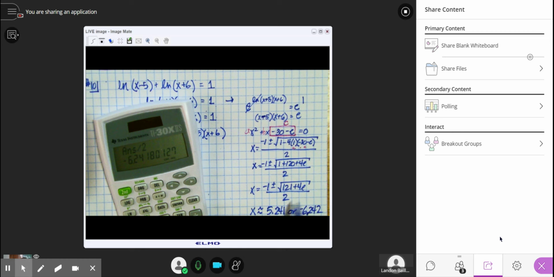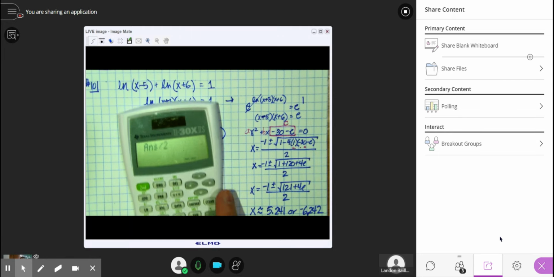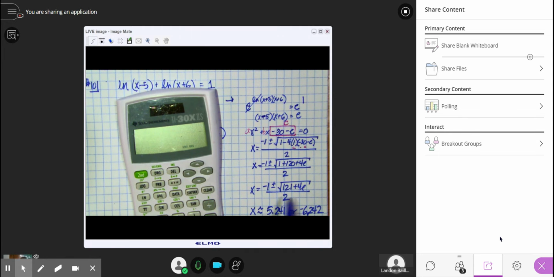I'm just plugging it into the calculator, just one at a time. -1 plus square root of 121 plus 4 e to the first, because it's just e.